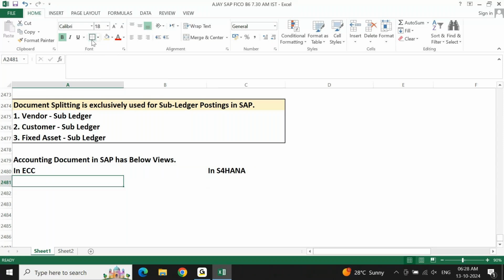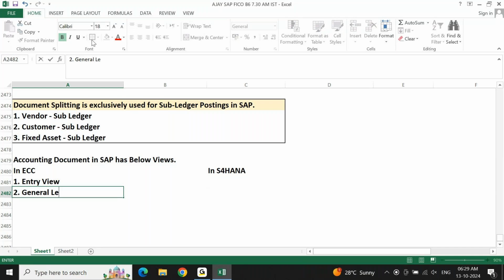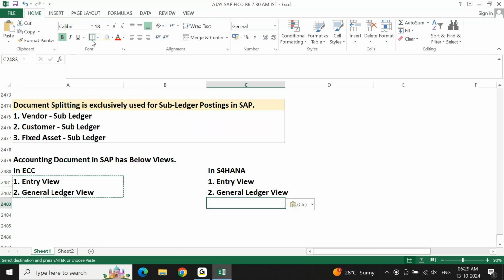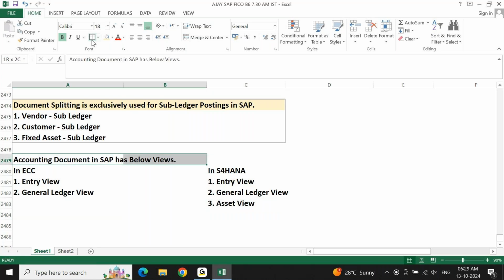When you're talking about an ECC, there are two views. One is your entry view, two is general ledger view. When it comes to S/4HANA, these two are common. Third one is your asset view. These three also we need to remember.